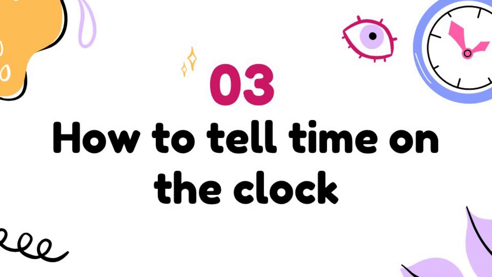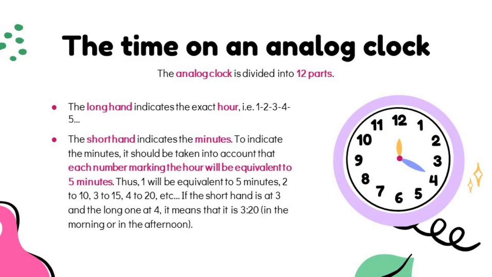Now, how to tell time on the clock? The time on an analog clock. The analog clock is divided into 12 parts. The long hand indicates the exact hour. Example: 1, 2, 3, 4, 5, and so on. The shorthand indicates the minutes.